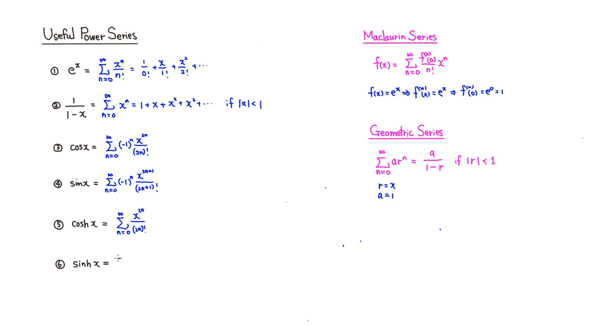Hyperbolic sine is a summation, n goes from 0 to infinity, of x to the 2n plus 1 over 2n plus 1 factorial.